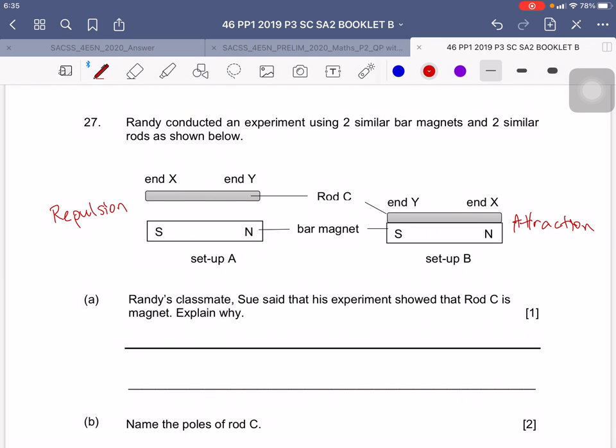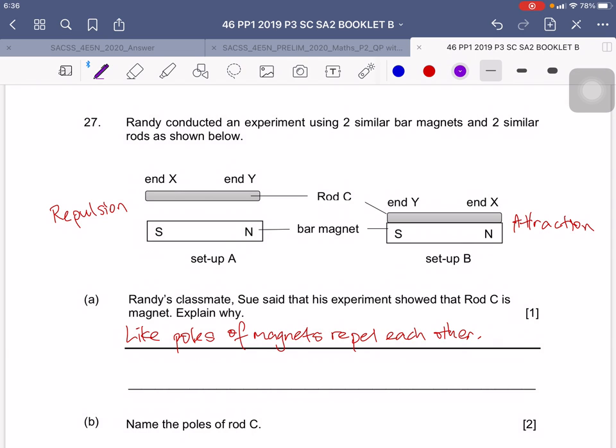So for things to be repelled by a magnet, we understand that the only situation that can have repulsion is that like poles of magnet repel each other. So this is a science concept.